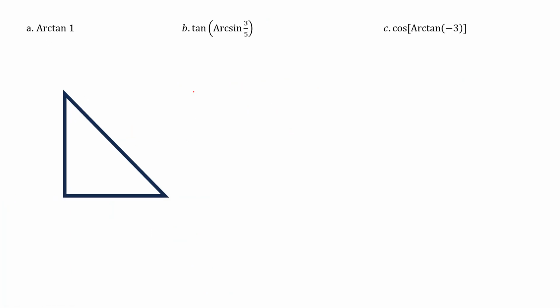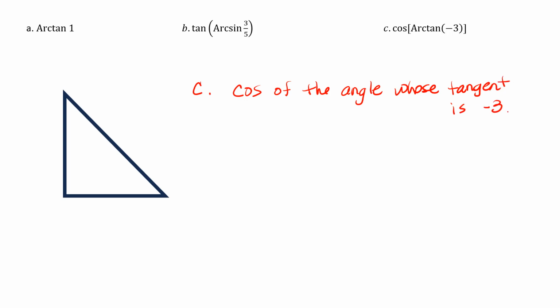So part C is asking us for the cosine of the angle whose tangent is -3. Okay, so again, we're going to have an angle in a right triangle. We're told that its tangent is -3.